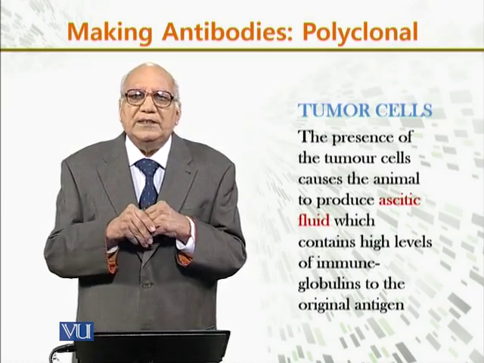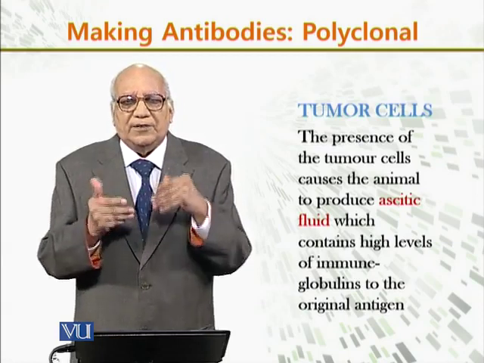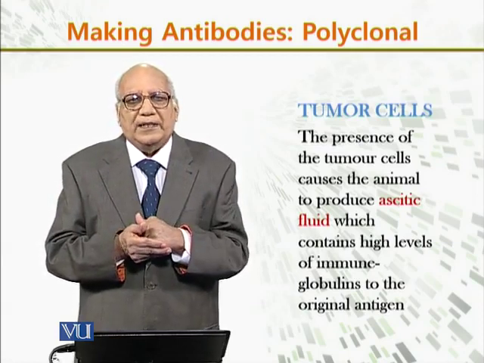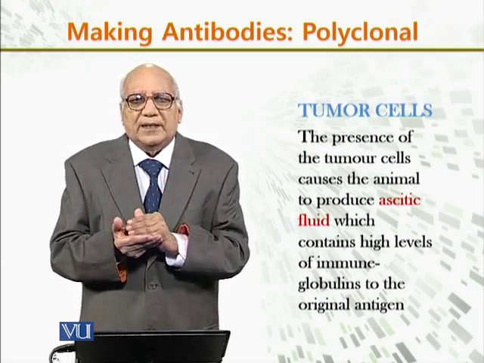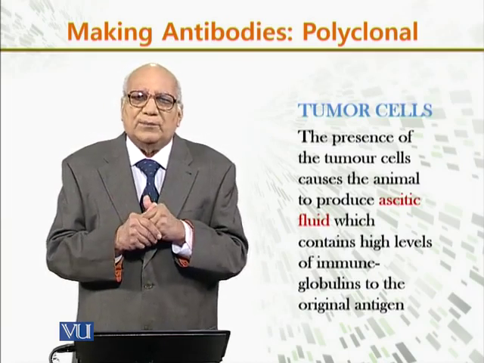So you see that in this segment, we have discussed the various ways to produce antibodies, how we can immunize, and what type of animals we can use if we need small quantities, and all that.